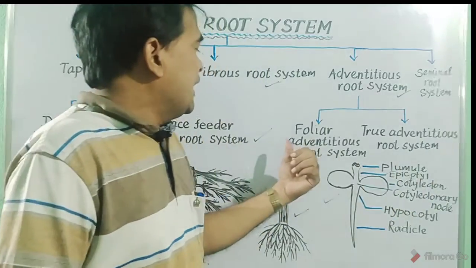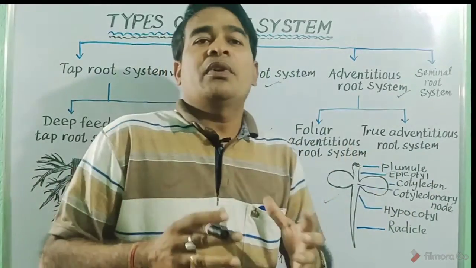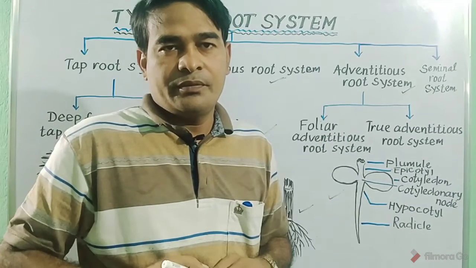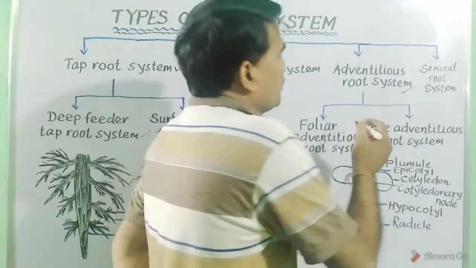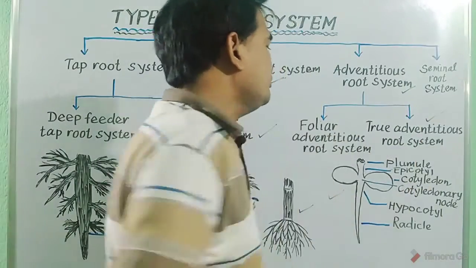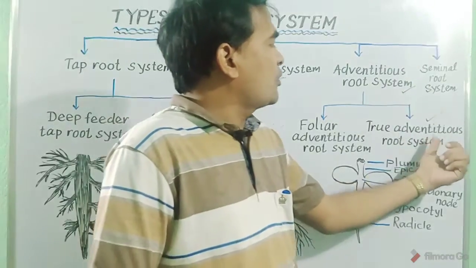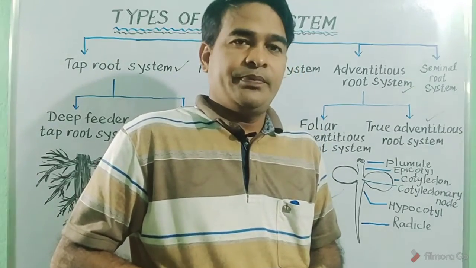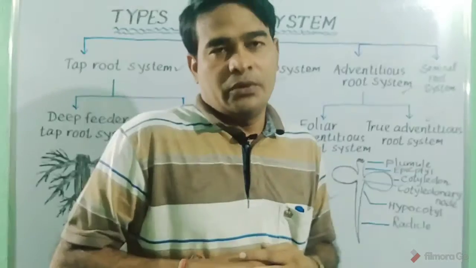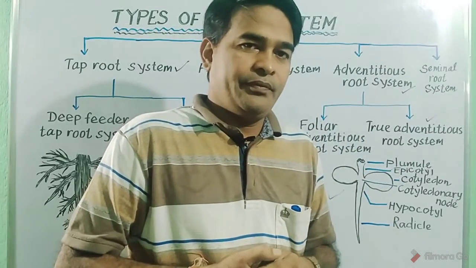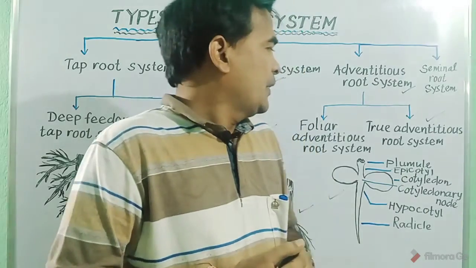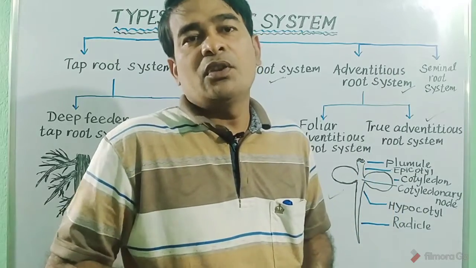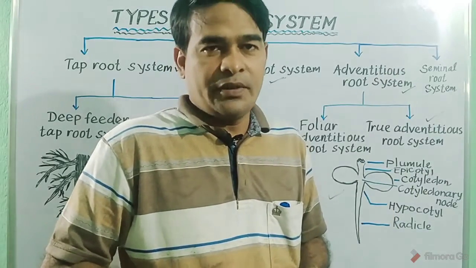Foliar adventitious roots develop from the leaf, as seen in Bryophyllum. Then true adventitious roots develop from the branches or node or internode of the stem. For example, prop roots of banyan, then creeping roots of doob grass, etc.